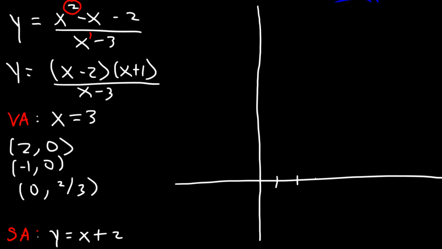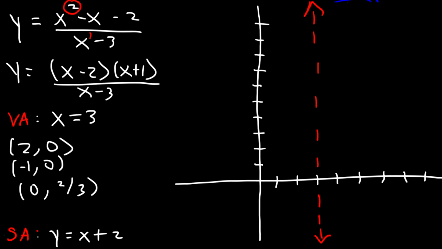So let's put some marks. Let's graph the vertical asymptote, which is at x equals 3.